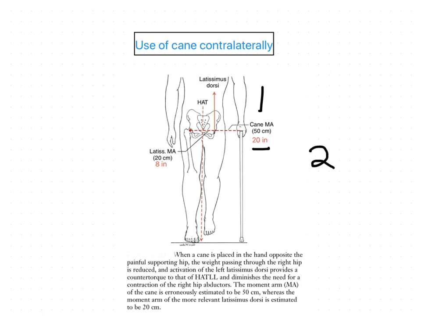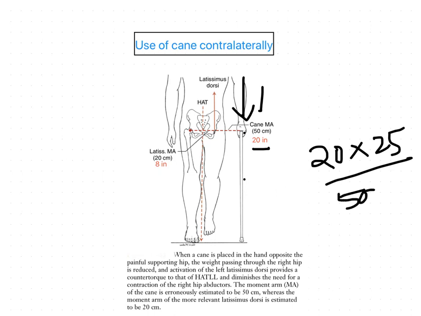So the torque is 20 into 25 lb. This is the weight that is transferred to the arm and to the cane, and you have to take that in. So it is 500 inch lb.